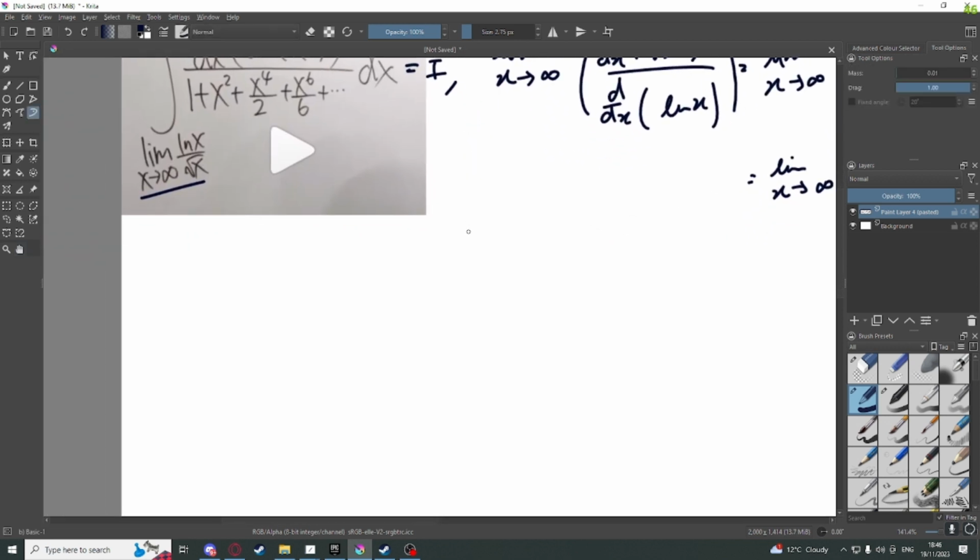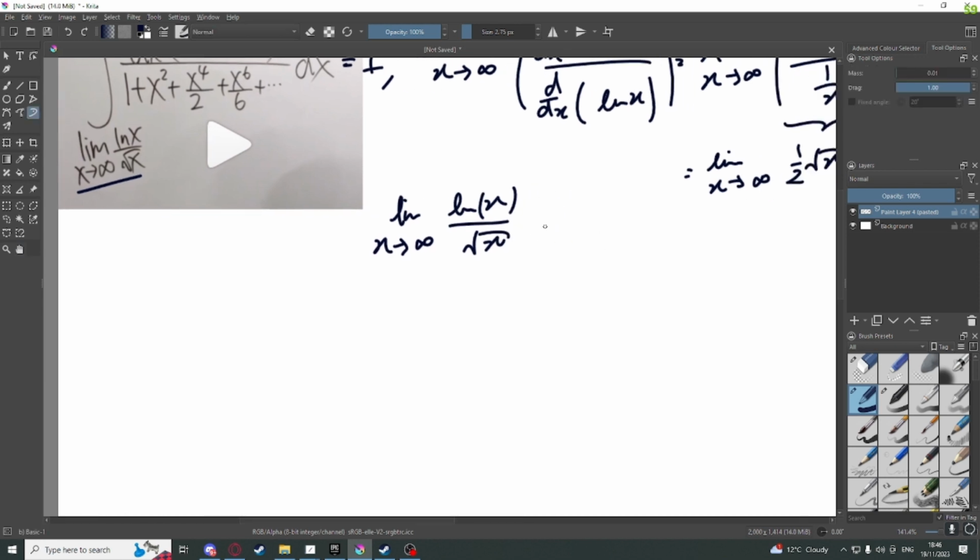Likewise, let's evaluate the bottom limit. Natural log of x all over the square root of x. This again is in the form of infinity over infinity, so we'll use L'Hopital's rule.